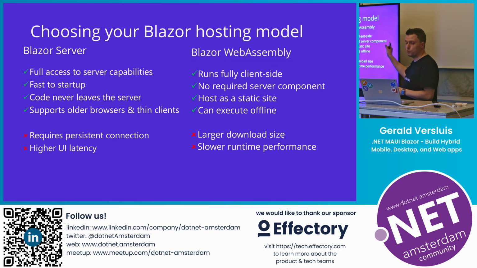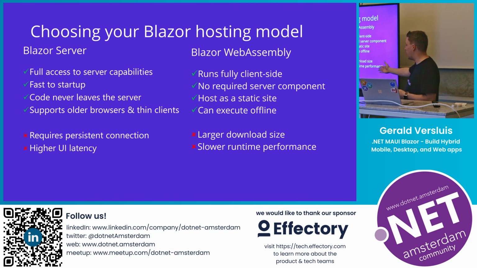So I'm not going to read all of this, it's a lot of text, but like with anything you have choices with, you have pros and cons. So basically what I just said, for Blazor Server, you have to have that persistent connection, right? So you also cannot do offline applications because you have to go to the server for each UI change. And you have a higher UI latency because of that, because each UI change has to go to the server.